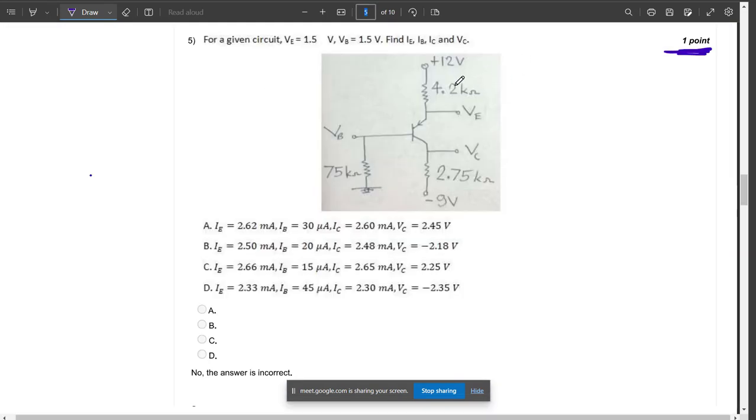Can anyone tell me? Once we find IE and IB, IE is IC plus IB, so IC is IE minus IB, by basically KCL.